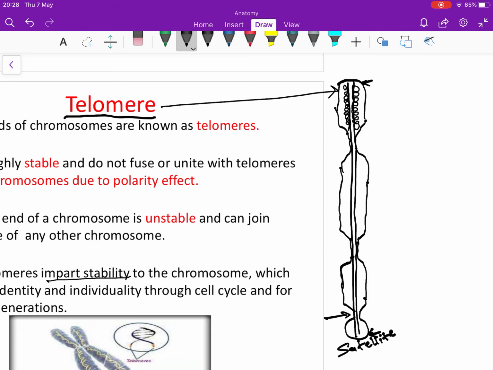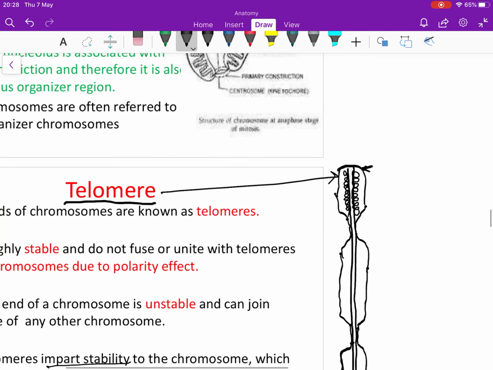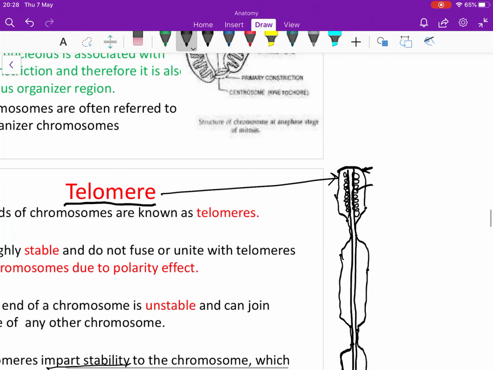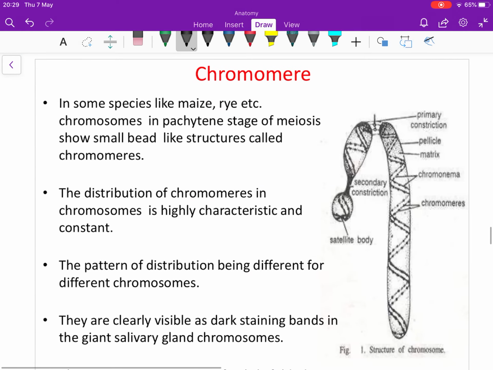It is continuous from this end to this end, and this beaded structure is known as chromomere.